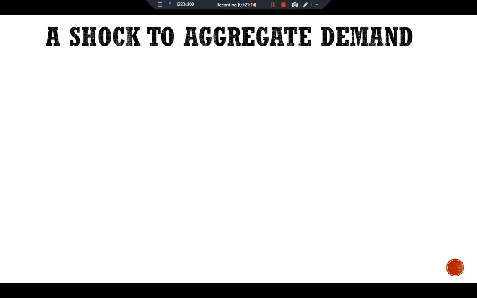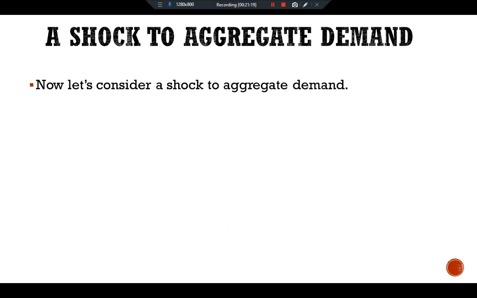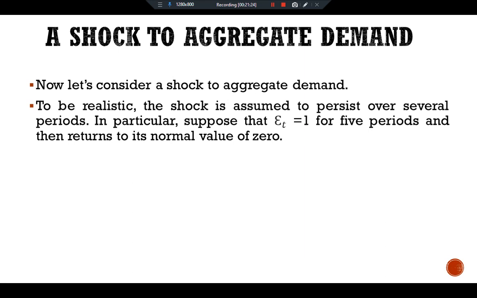Okay, let's discuss the shock to aggregate demand. Now let's consider a shock to aggregate demand. To be realistic, the shock is assumed to persist over several periods.